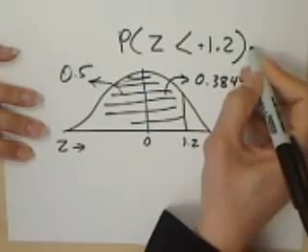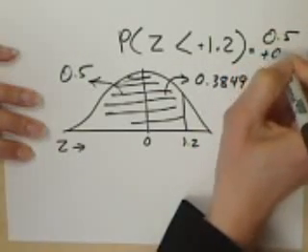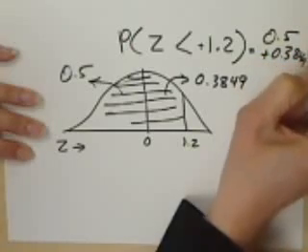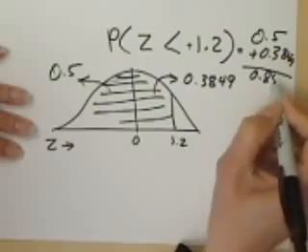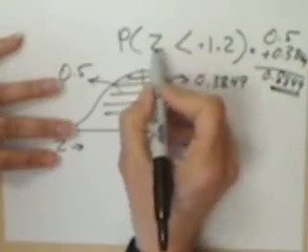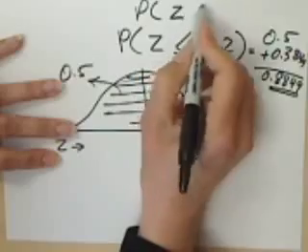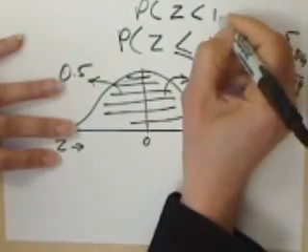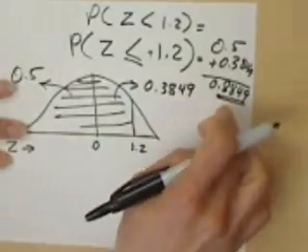Therefore, the answer to this problem is 0.5 plus 0.3849, which is 0.8849. Again, here, whether I had probability of z less than or equal to 1.2 or probability of z being less than 1.2, either way, I get the same answer, which is over here.